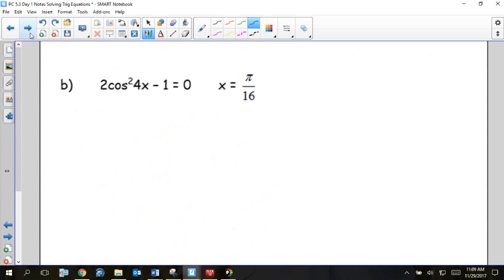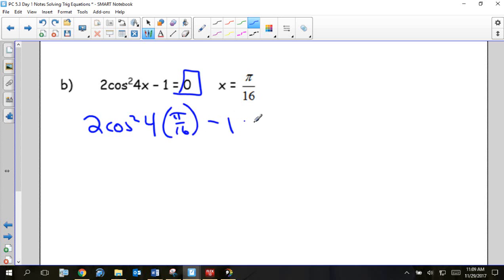Next one. Same question. We're going to box up the 0. Don't touch it. You're going to plug in x equals pi over 16. So you have 2 cosine squared of 4 times pi over 16, minus 1 equals 0. What do you think I should do first? 4 times pi over 16. That's the first thing I'm going to do.